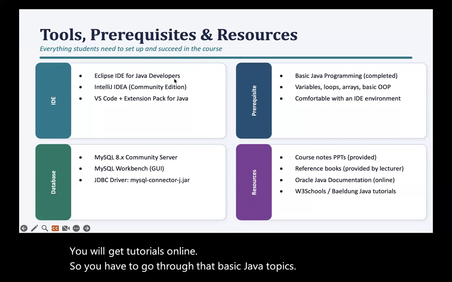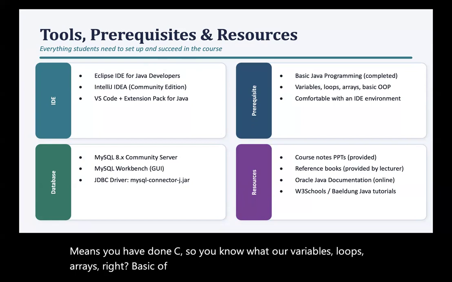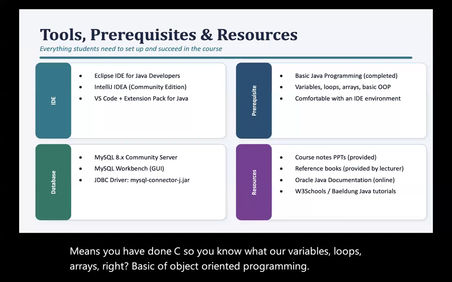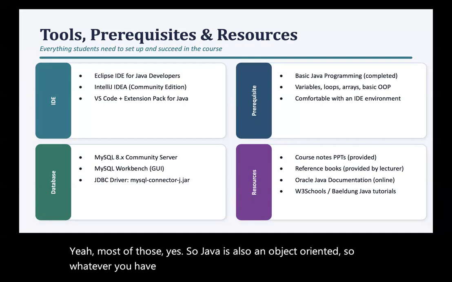Since you have done C++, you know what variables, loops, and arrays are, right? The basics of object-oriented programming. Yes, most of those. So Java is also object-oriented. Whatever you have learned in C++, we will use it here.